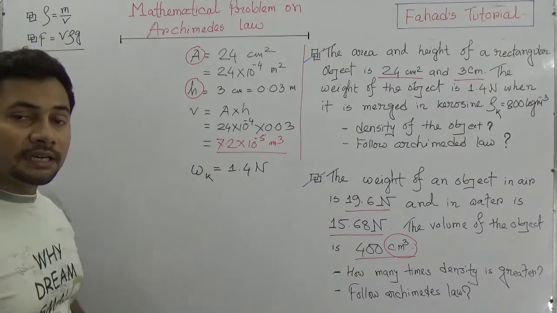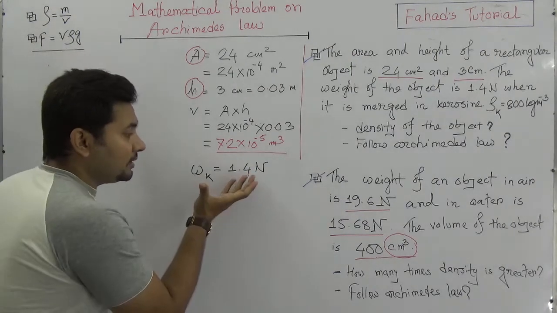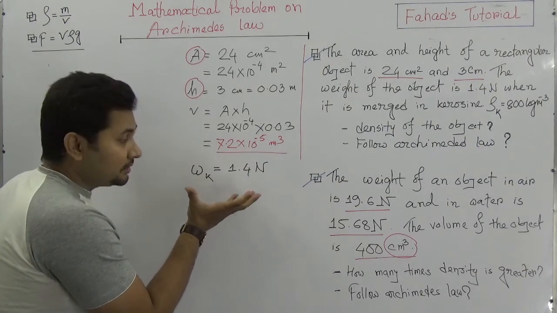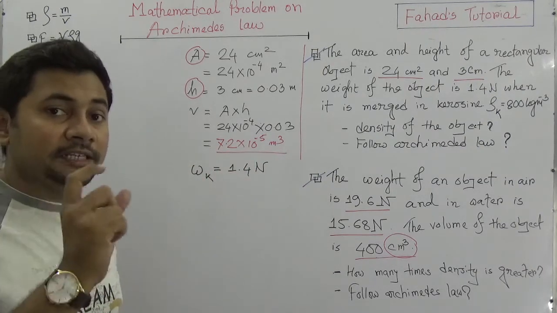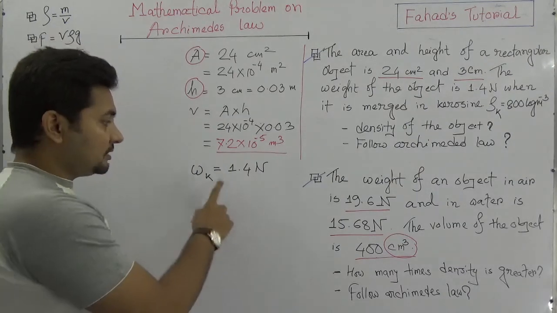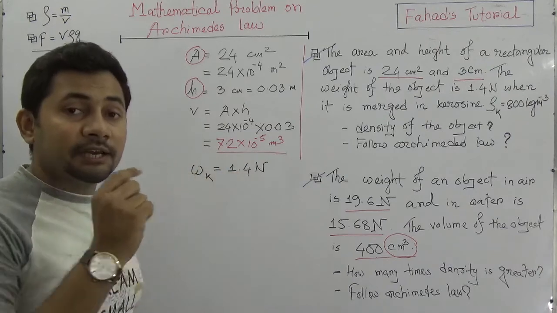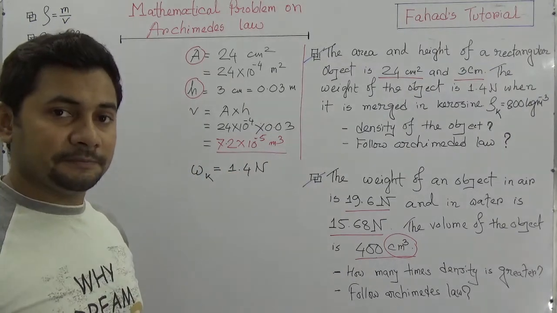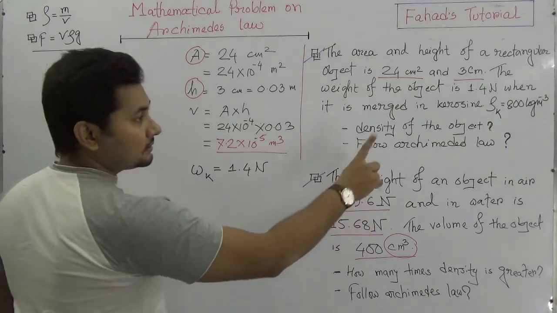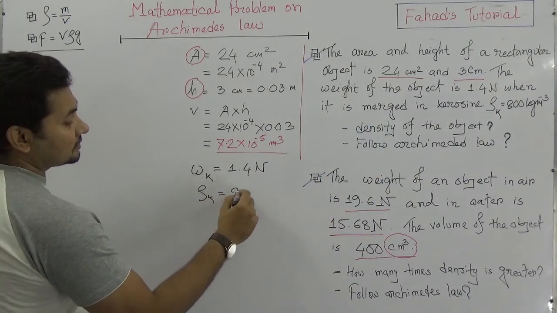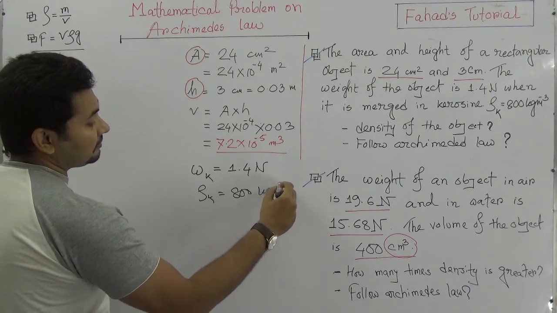It is not the actual weight of the object because it is not in air. It means this value is actually considering the buoyancy. And the question is, okay, the density of kerosene is given as 800 kg per meter cube.